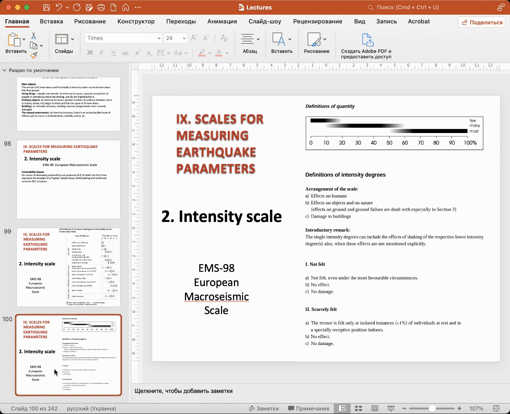So when we are visiting some region of the city with those inspection blanks, we have to know how we will assess those buildings.